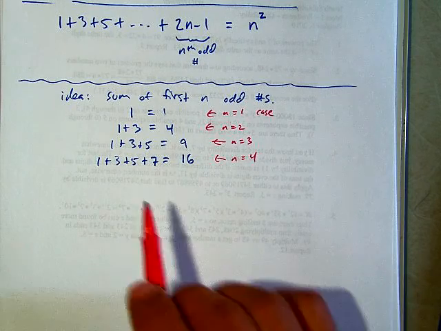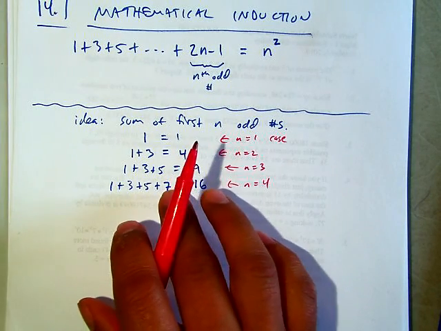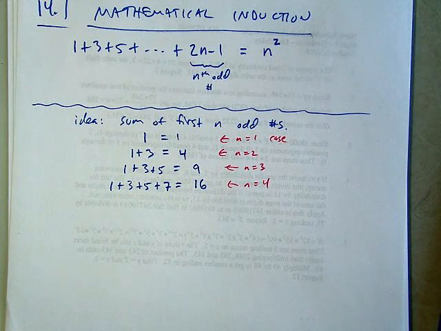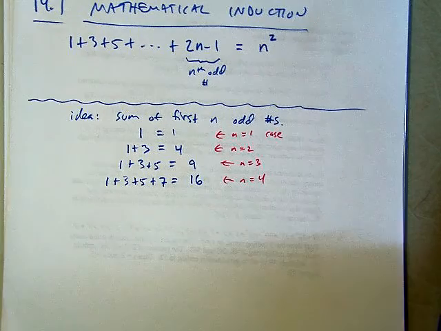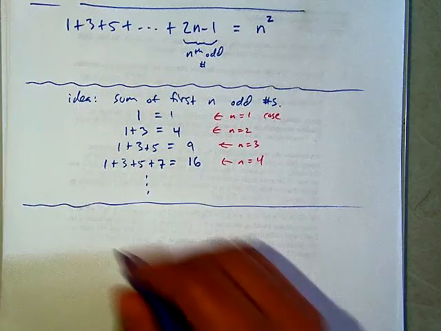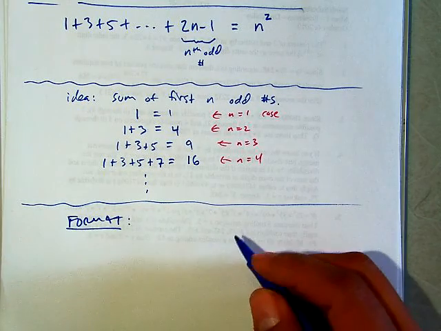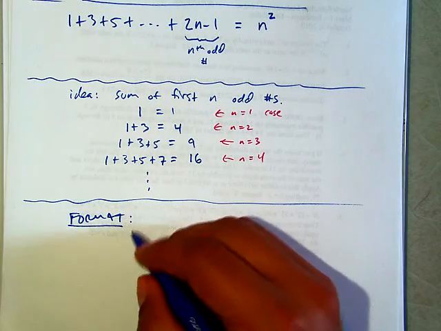Okay? And a proof by induction, let me write the format for the proof first, then I'll explain what each step does with an analogy. Okay, so format. There's 3 basic steps. Okay?